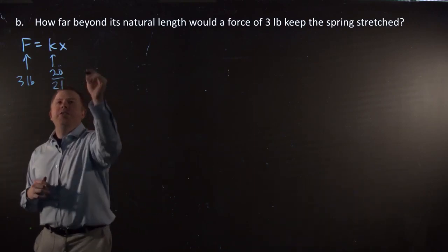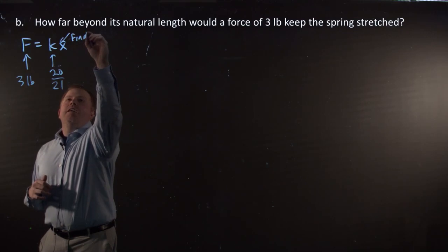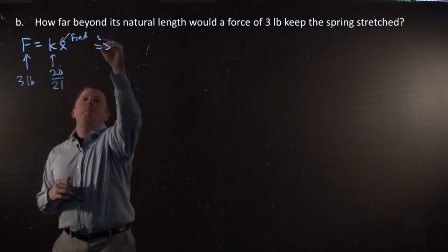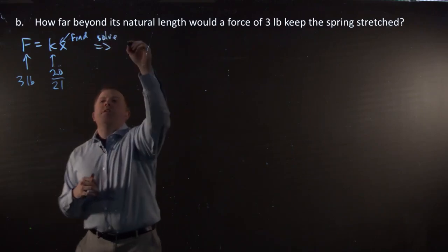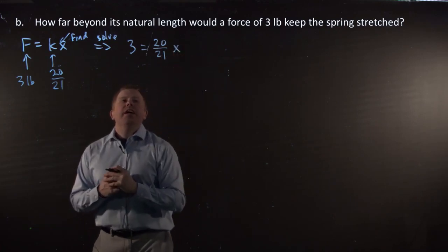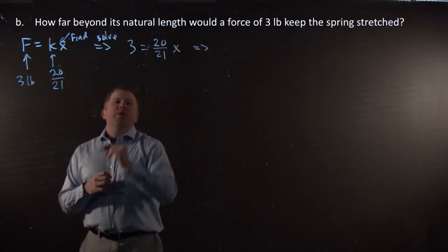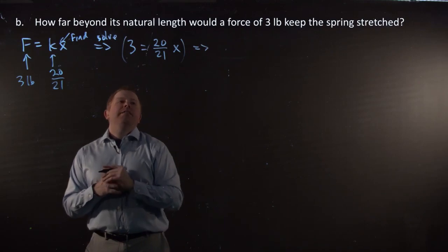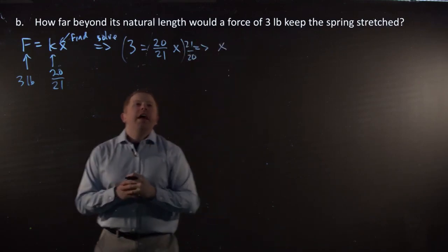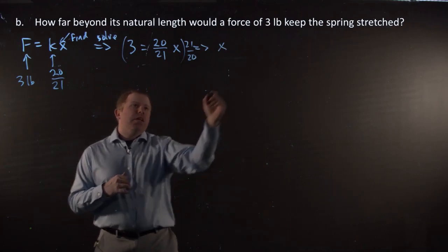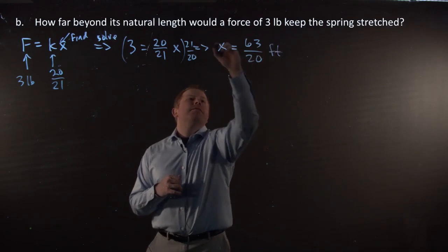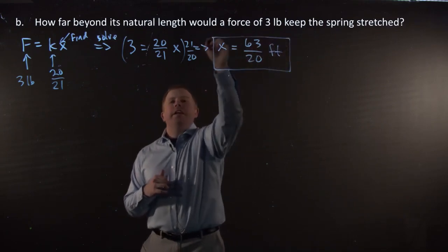And so what we want to do is find this X. So all we have to do is solve 3 is equal to 20 over 21 times X. That means we're going to multiply both sides of this by 21 over 20. And so X is going to equal 63 over 20 feet. And that's all it wants.